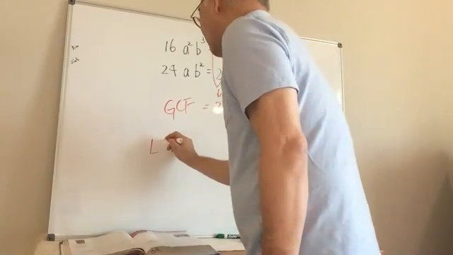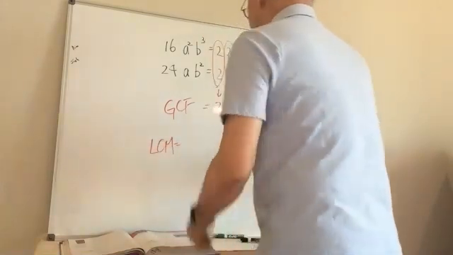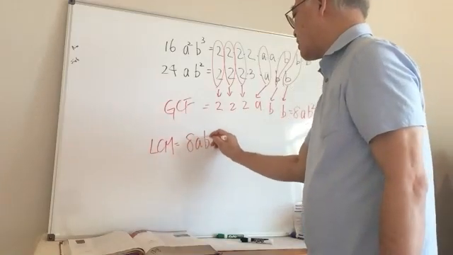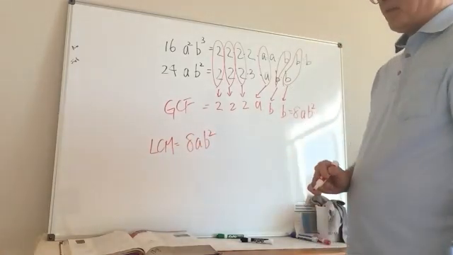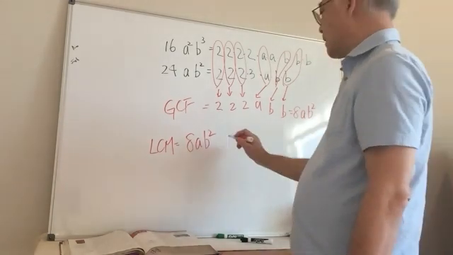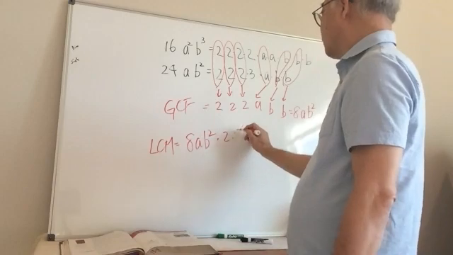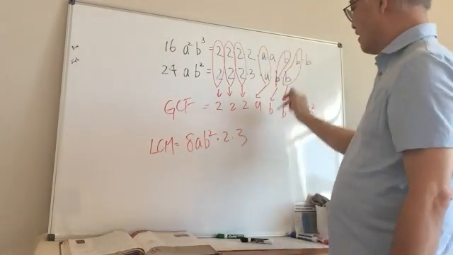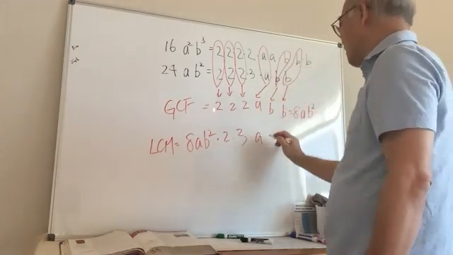So now we're going to try to find the least common multiple. We're going to start with 8AB squared. And then what? You have to multiply it by the remaining numbers, right? What's remaining: 2, 3, and B. You're missing an A. Oh, A, B. And there's a B here, right? Okay, here we go.